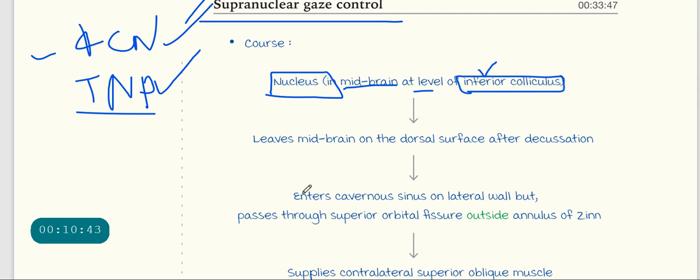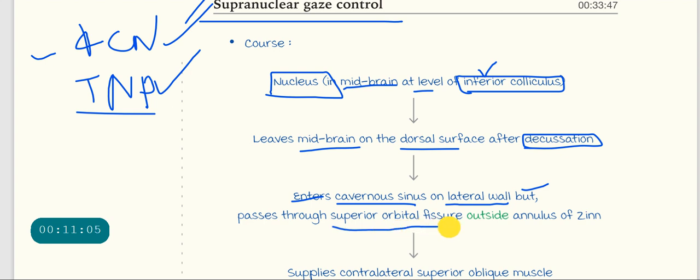It leaves the midbrain on the dorsal surface after decussation. Then it enters the cavernous sinus, on the lateral wall, and it passes through the superior orbital fissure outside the annulus of Zinn.